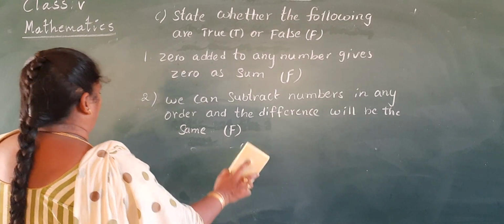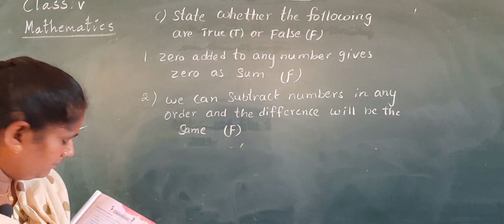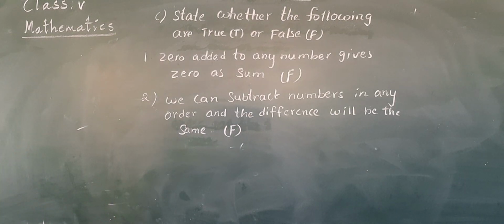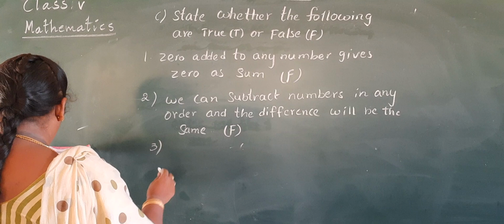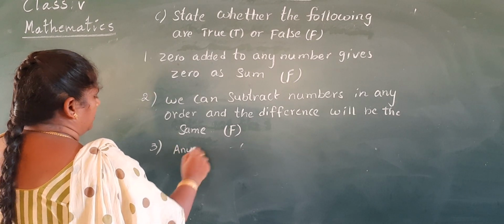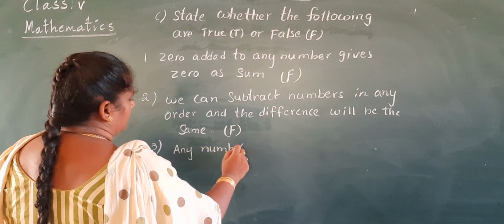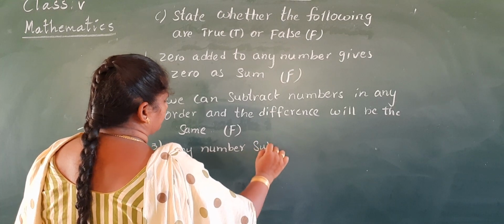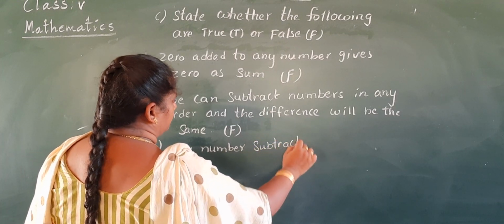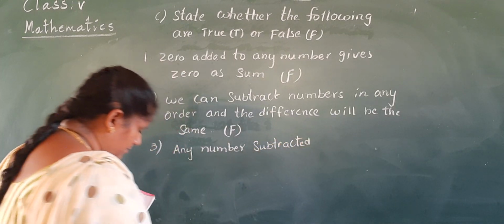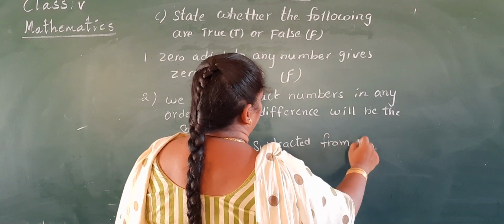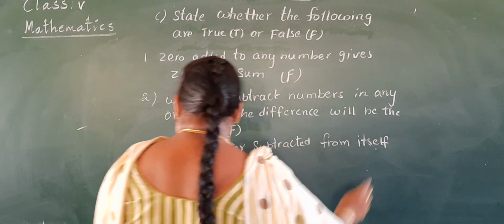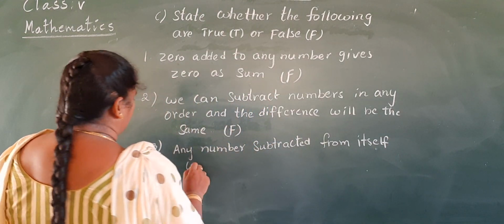Next one. Third one. Any number subtracted from itself will give 0 as the difference.